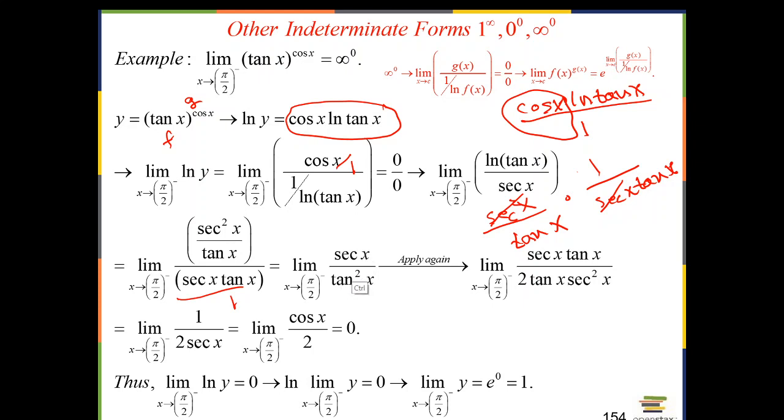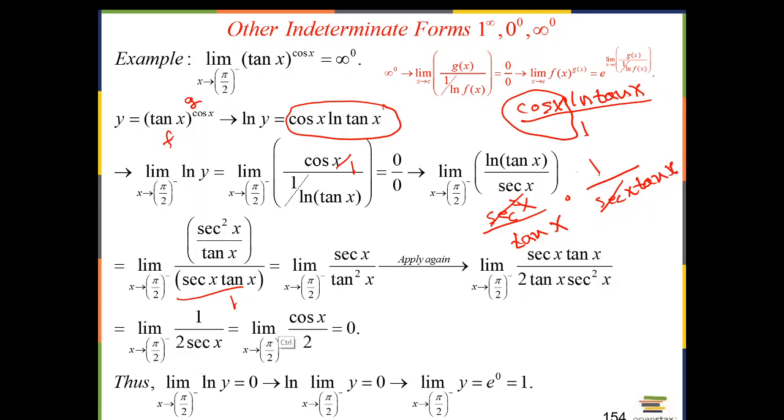It's okay. We can use L'Hopital's rule one more time. Take the derivative again: secant tangent, over the derivative of tangent squared, which is 2 tangent times secant squared. Now again the tangents go away and one of the secants goes away.